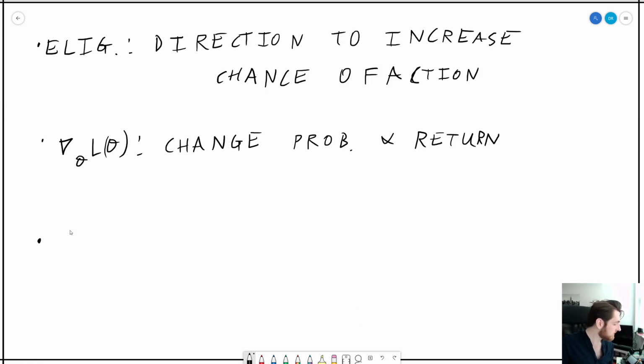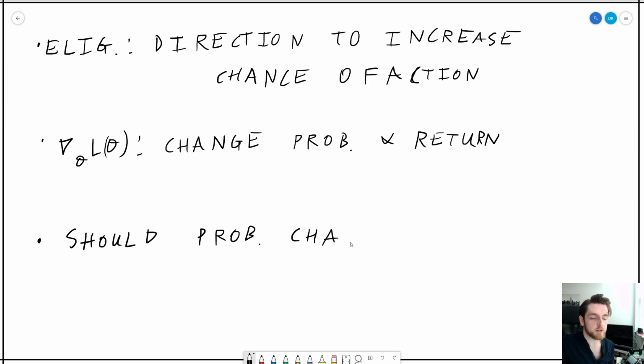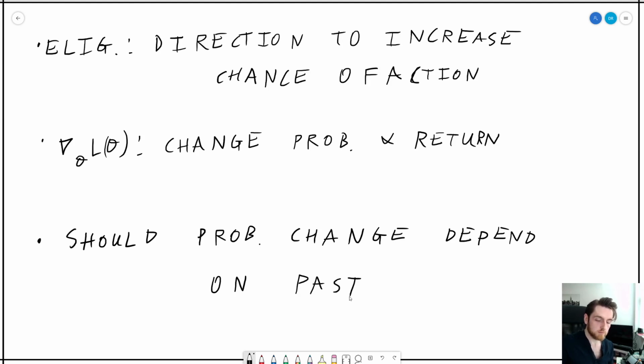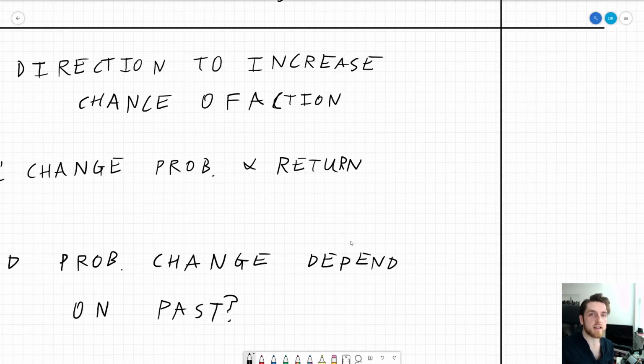So there is a question of, should the probability change depend on the past? Luckily, it doesn't have to.